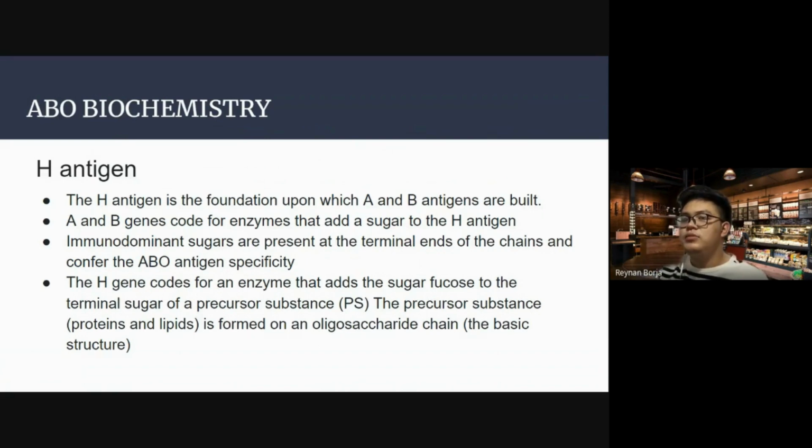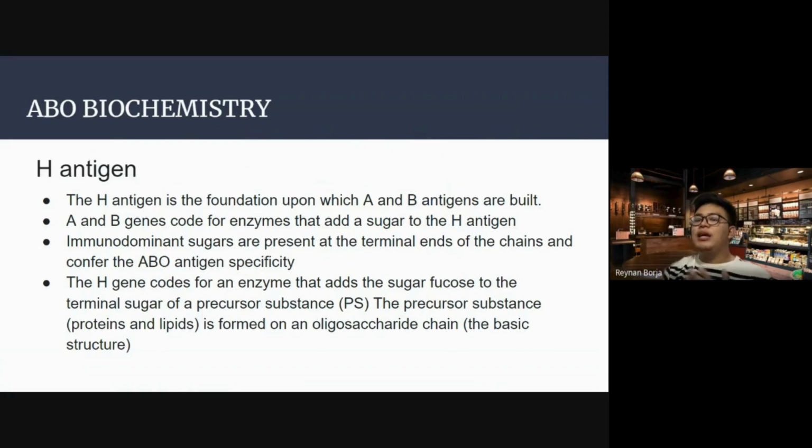Okay? Okay. Sabi dito, nakalagay is, the H gene codes for an enzyme that adds the sugar fucose. Remember, fucose? To the terminal sugar of precursor substance. Ano ba yung precursor substance? The PS are technically proteins and lipids. Is formed on oligosaccharide chain, the basic structure. Okay.